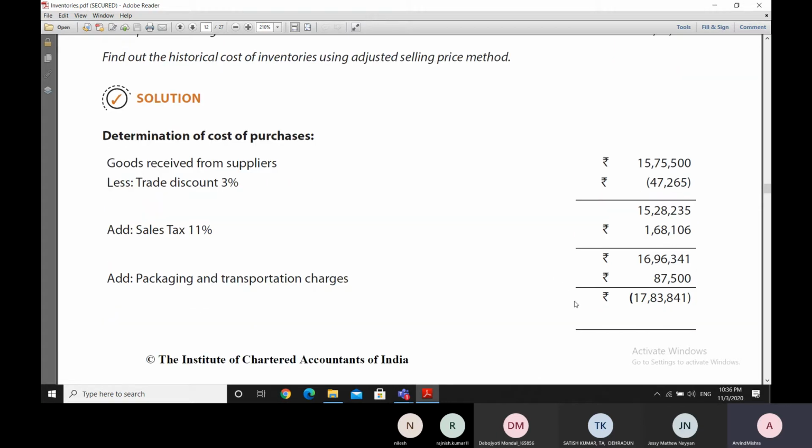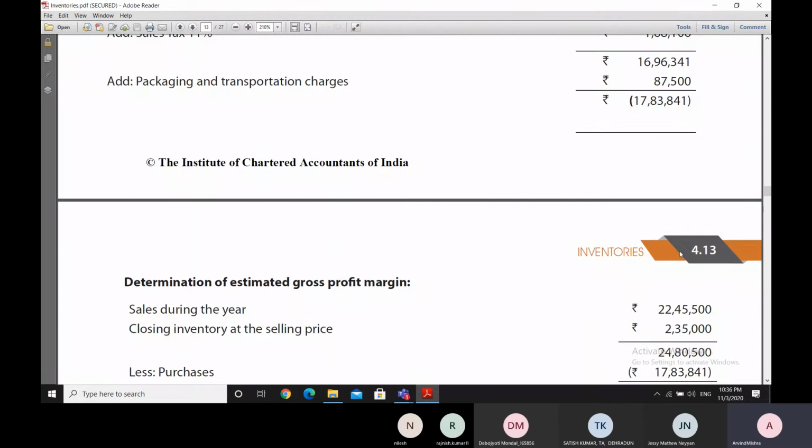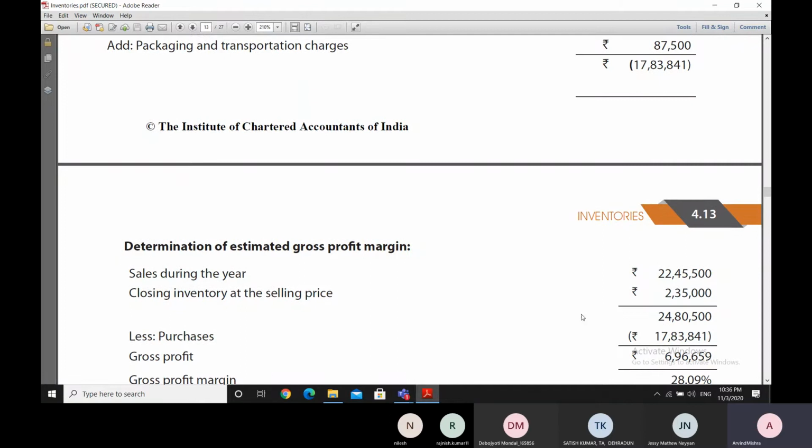And we are adding packing and transportation charges to it of 87,500. And thereby, we are getting the value of cost of purchases at 17,83,841. Now, on the other hand, sales during the year is 22 lakh, and closing inventory at the selling price is 2,35,000.